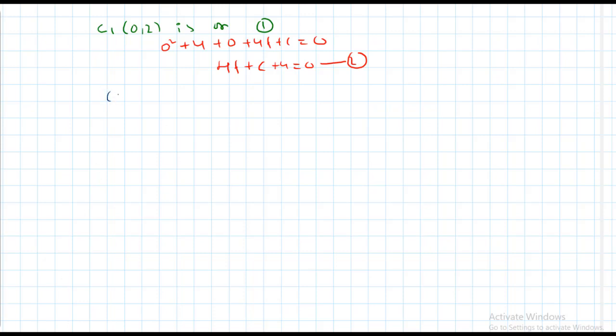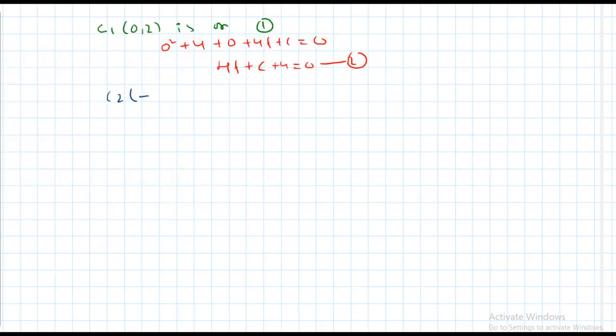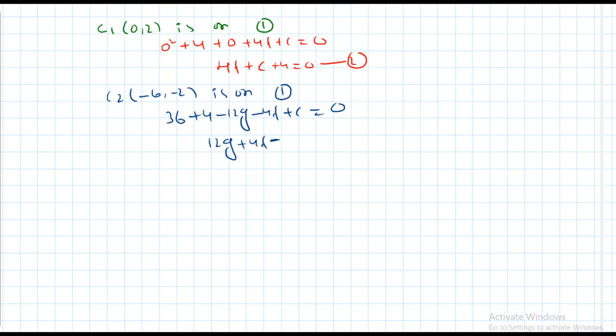Next, the center of the second circle, minus 6 comma minus 2, is on 1. So 36 plus 4 minus 12g minus 4f plus c equal to 0, or in other words 12g plus 4f minus c minus 40 equal to 0. I can call this the third equation.